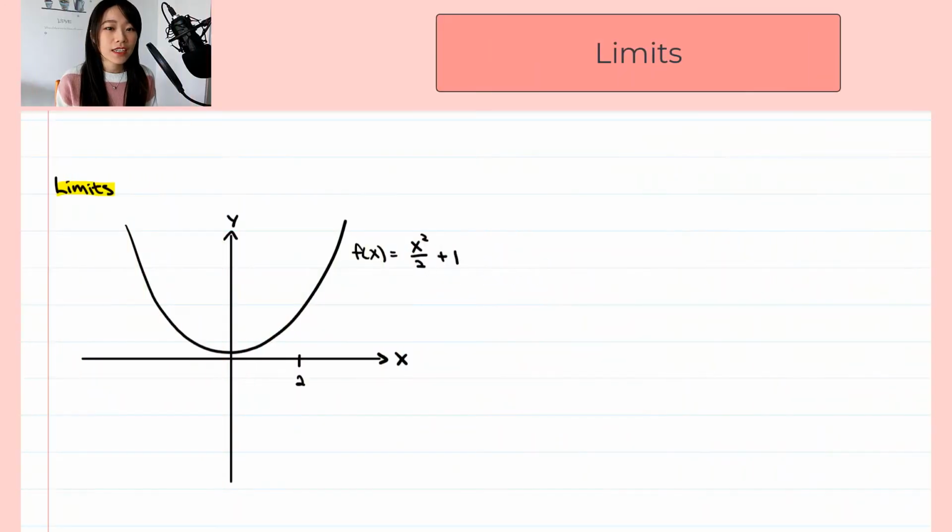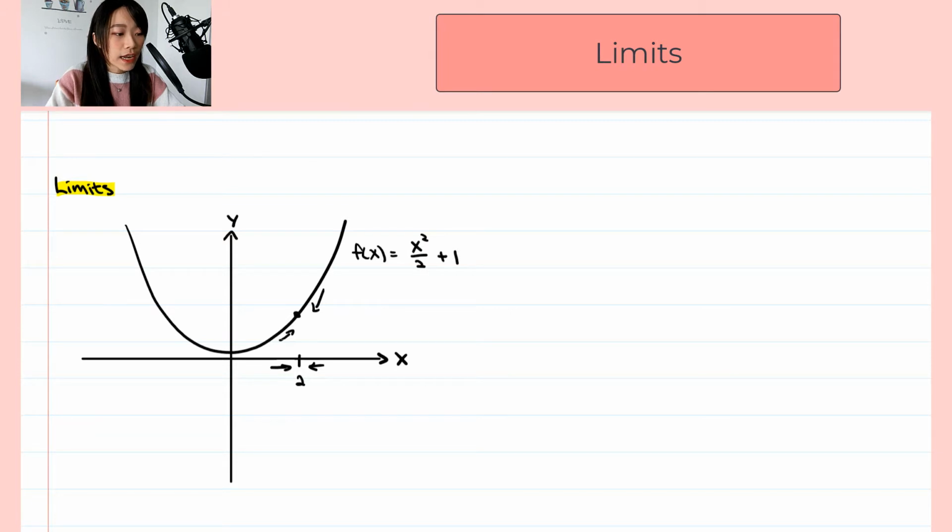What is a limit? In calculus, a limit tells you whether a function has a target as x approaches a number. For example, here we have f of x equals x squared over 2 plus 1. As x approaches 2, the function is approaching a value, and we call this value the limit of f of x as x approaches 2.